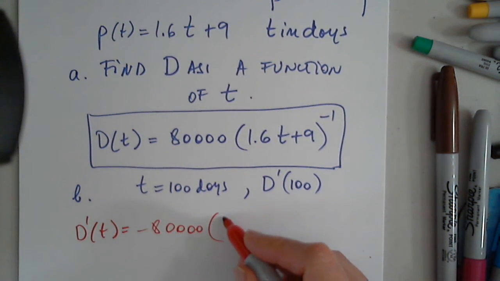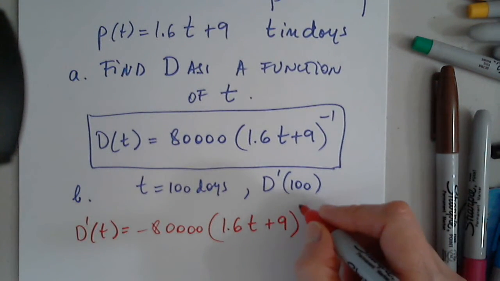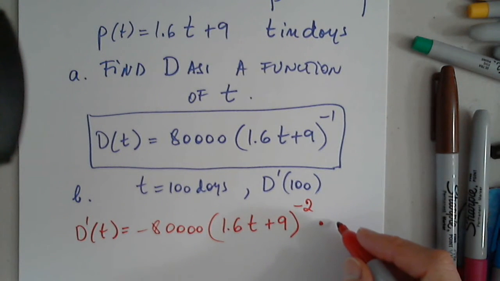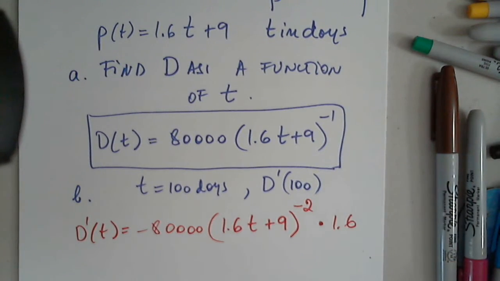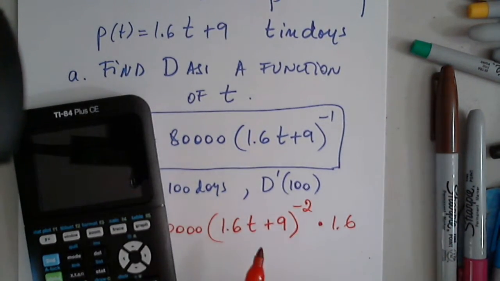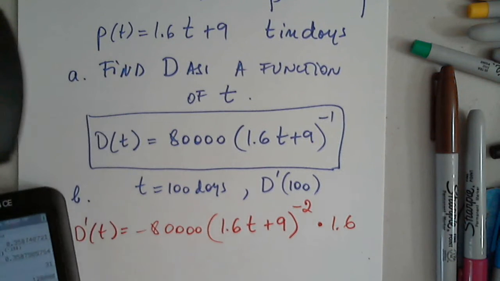Negative 80,000 times, in parentheses, 1.6T plus 9 to the negative 2, times 1.6. Awesome. That's it. I'm going to multiply 1.6 by this. So what do I get? 1.6 times 80,000. What is it? 128,000.